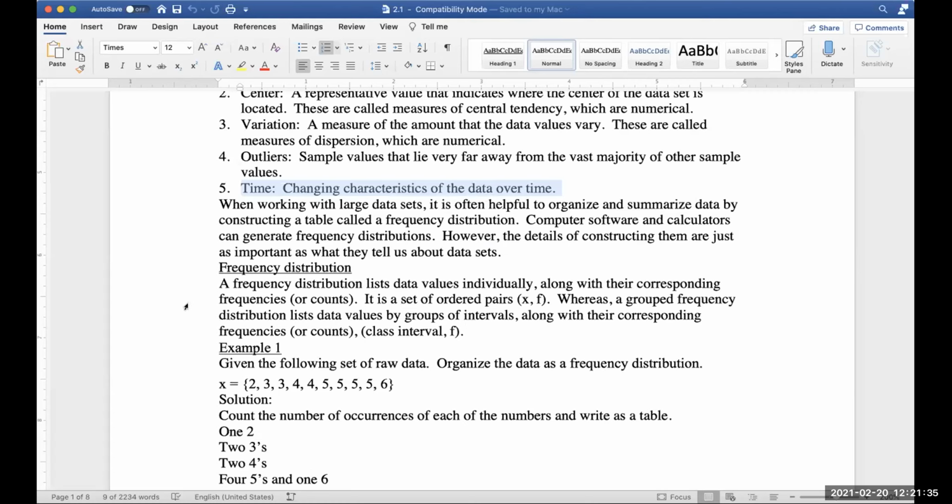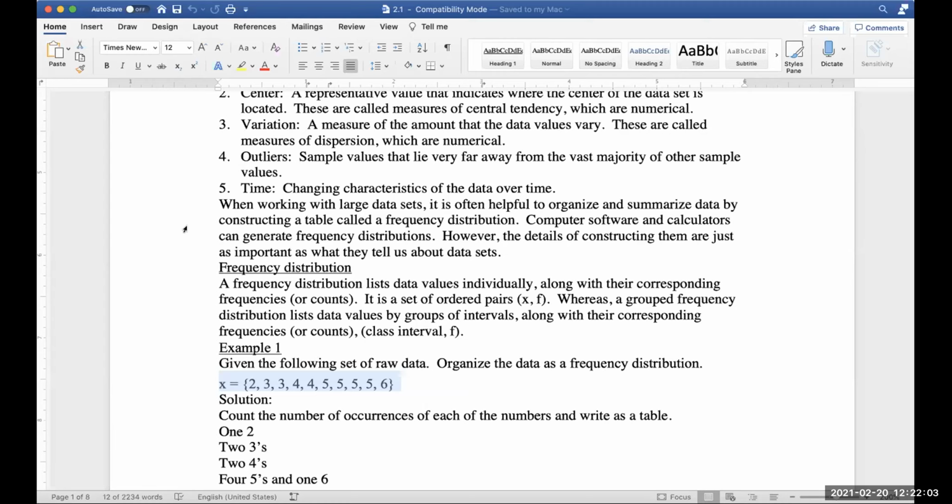Suppose I collect 10,000 pieces of data, and I write them all on a piece of paper, and I tell you, well, what does the data look like? And your eyes go glossy, and you're like, well, I don't know, that's a lot of data.